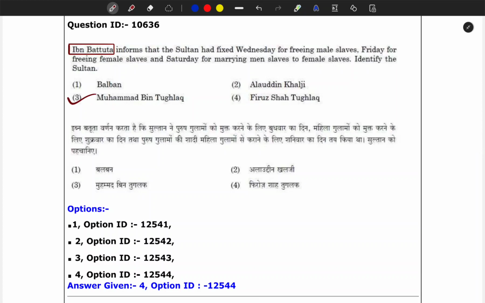This is a very famous fact. Again, if they ask about Ziauddin Barani, you can mark Firoz Shah Tughlaq. You have to use your peripheral knowledge, how a particular person was standing in that historical time period.